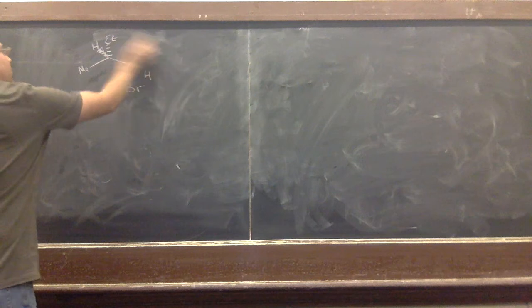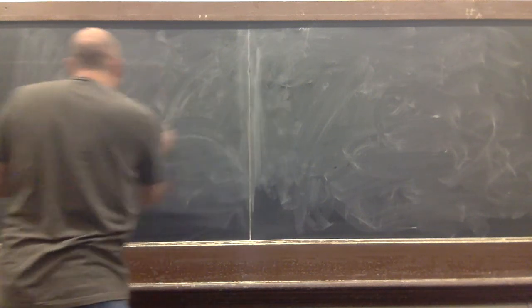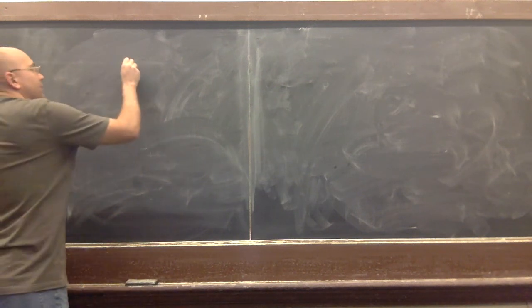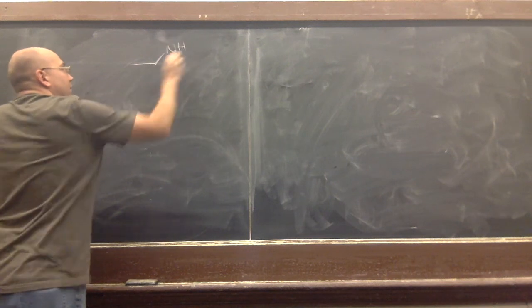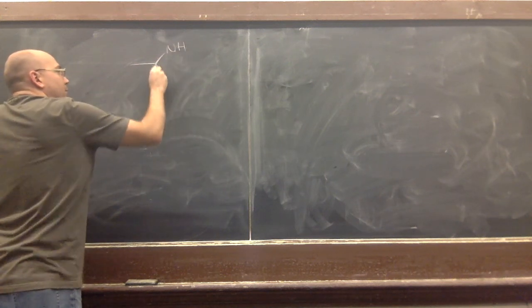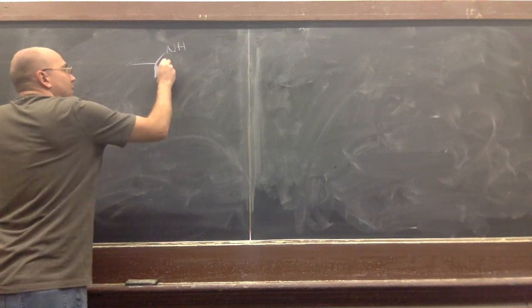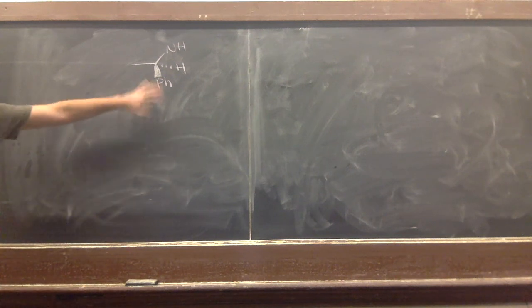Okay, so in this case we had a bromide, and as it turns out, if you have, say for example, a nitrogen, I'm going to keep this specific, and I'll explain why in a second.